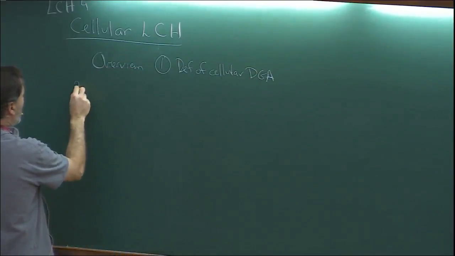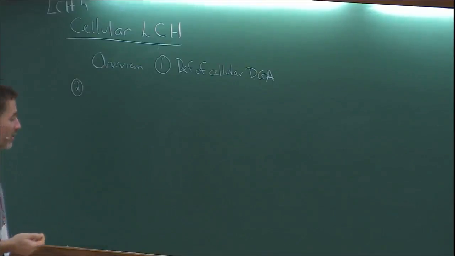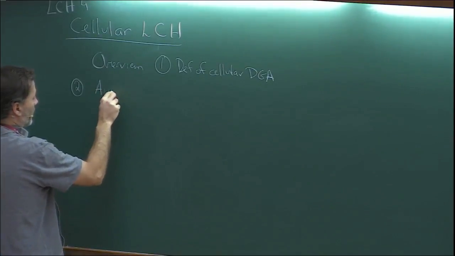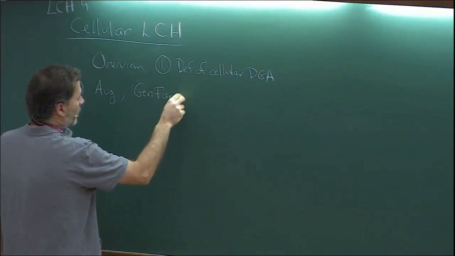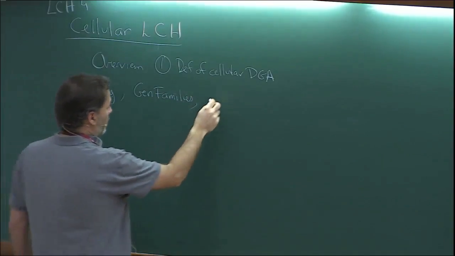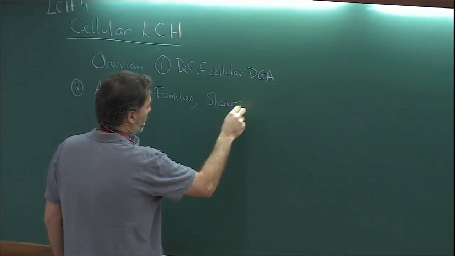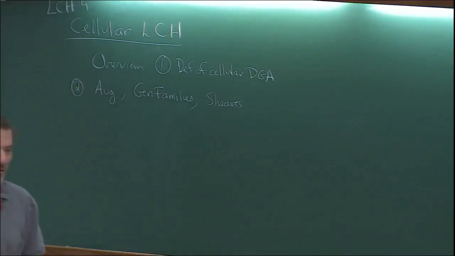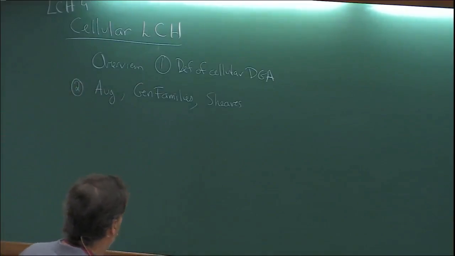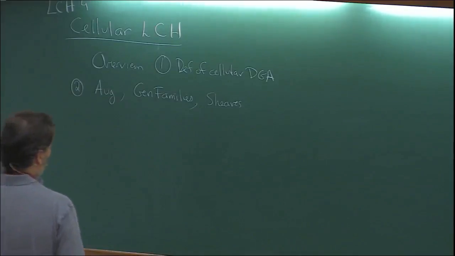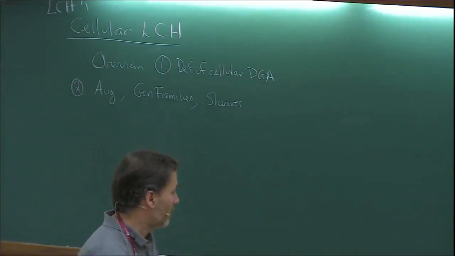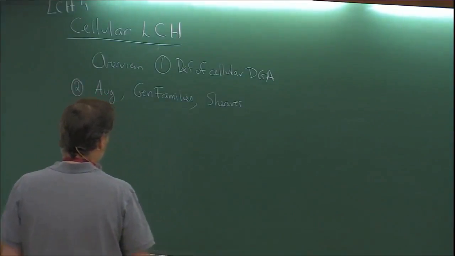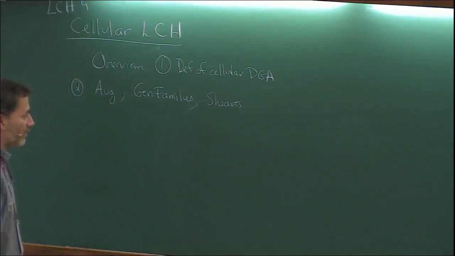And then, depending on how much time I've got, I want to do some applications of this, talking about augmentations, something called generating families, which I'll define, and maybe something called sheaves, or constructible sheaves, which I seriously doubt I'll get to, but I'll just throw it up there. Secretly, I'm hoping I'll run out of time before I get to sheaves, because this is something I'm only learning. It's the current work in progress of what I've talked about in this lecture series anyway.